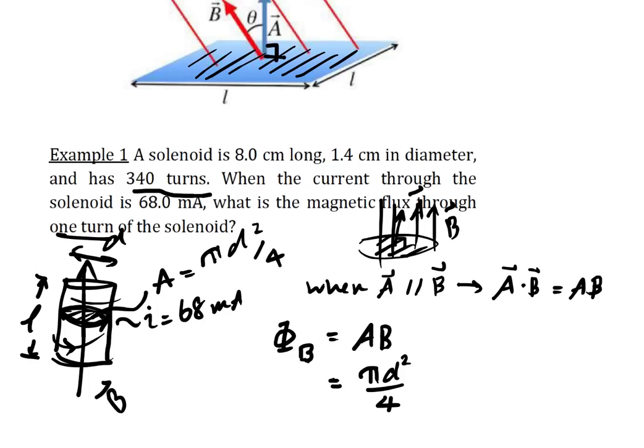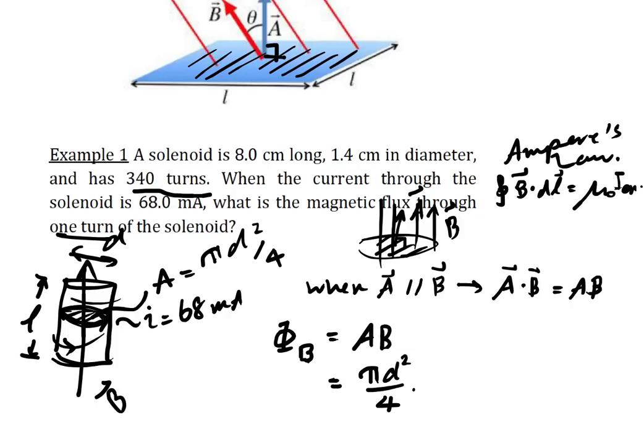And what about the magnetic field? For the magnetic field in the solenoid, we use Ampere's law. You start with the integral of B dl equals mu times I enclosed. The integration on the left-hand side gives you BL.